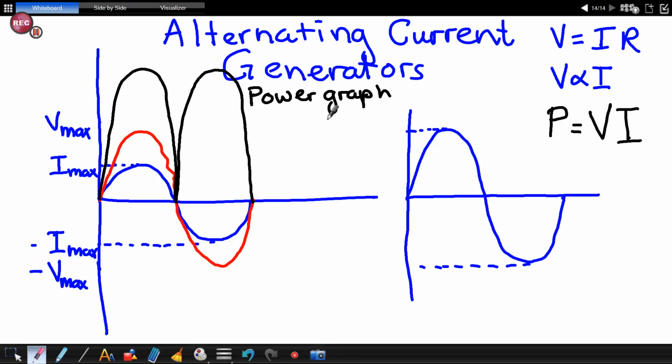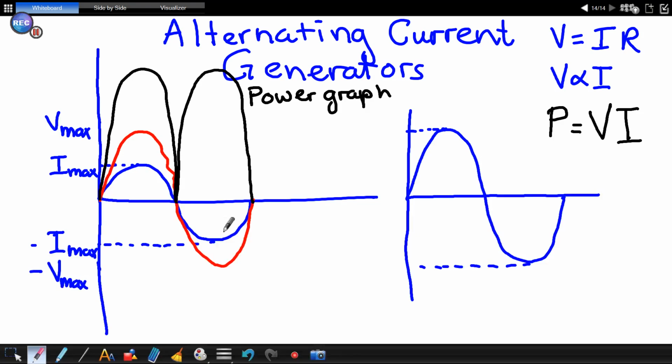Are you with me? So it is an alternating current that is being created by this generator. It's creating electric current that changes direction. And in tandem with that, it creates an EMF. That's actually what is created, which causes the current to flow.